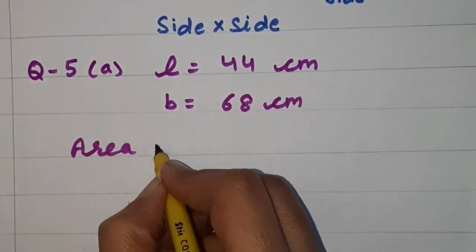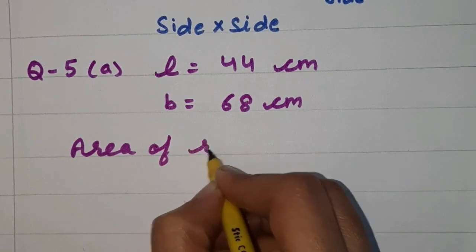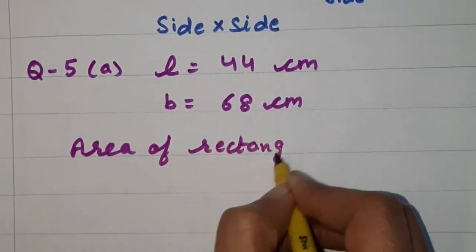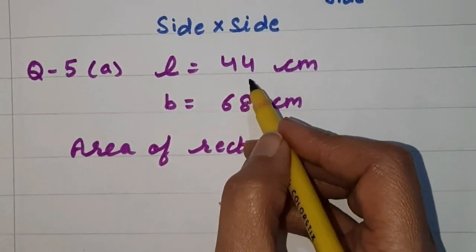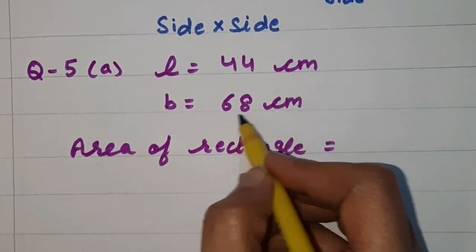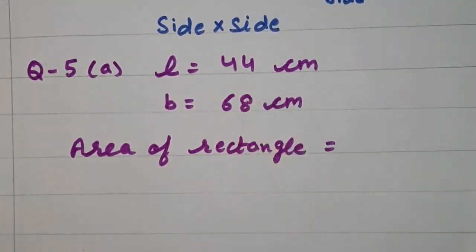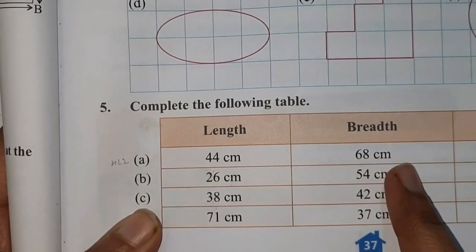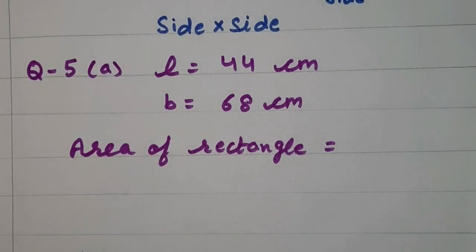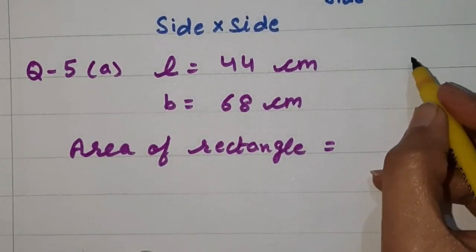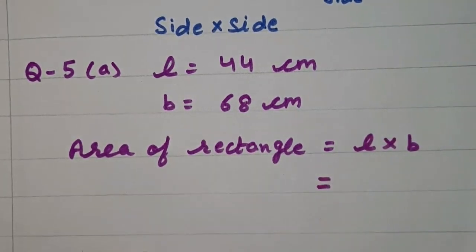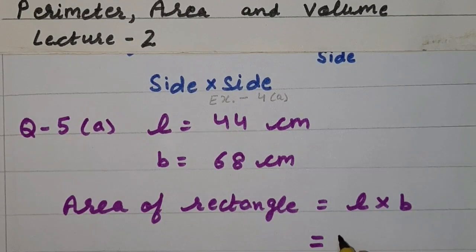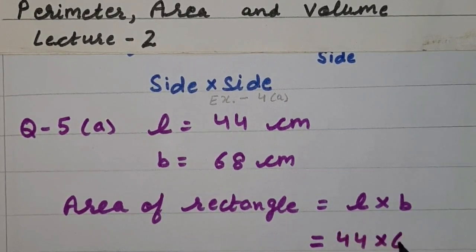Area of rectangle. It is a rectangle because it has length 44 centimeter, breadth 68 centimeter. Don't get confused, as it is given in the book, in the same way we are taking. Okay. Now area is length multiply breadth, 44 multiply 68.